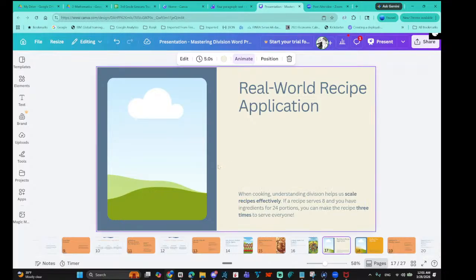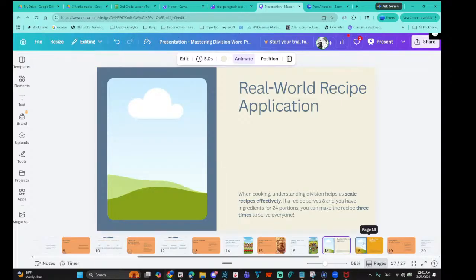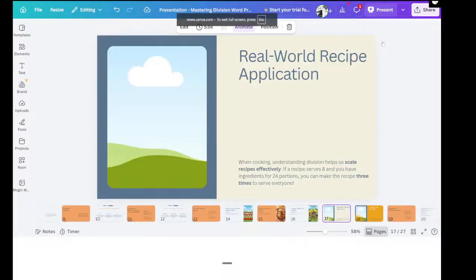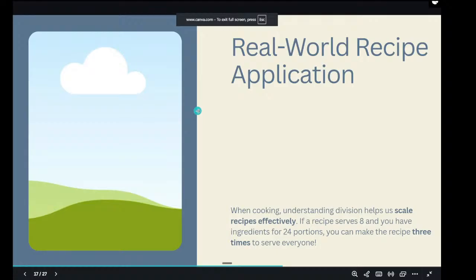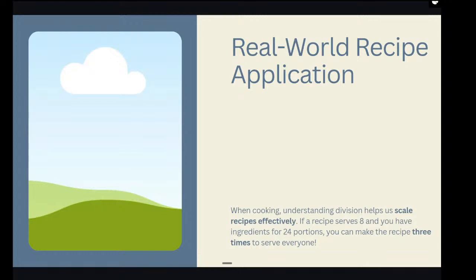We have one more problem. So basically for this one, when cooking, understanding division helps us scale recipes effectively. If a recipe serves 8 and you have ingredients for 24 portions, then you can make the recipe 3 times to serve everyone.